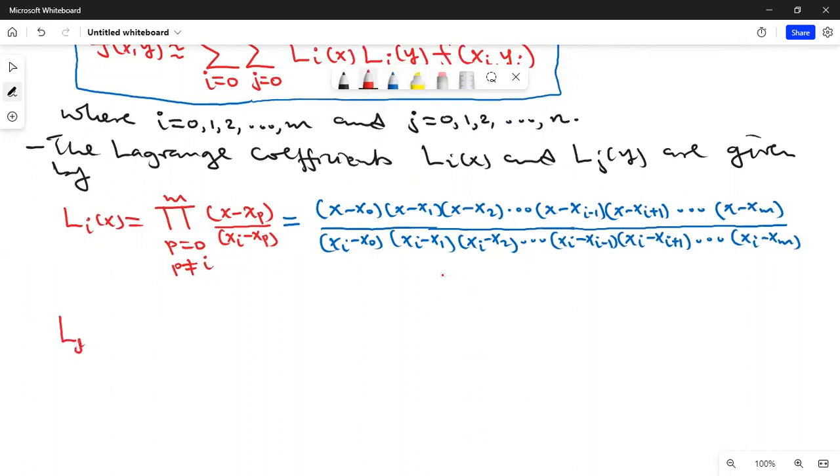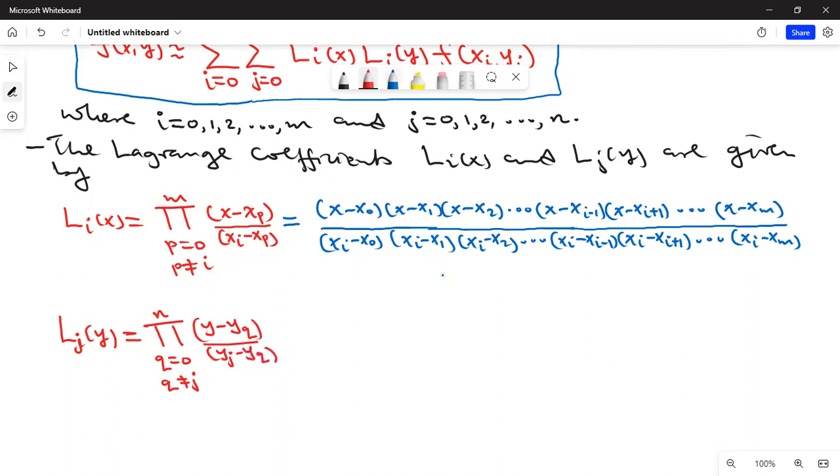Lj of y is equal to the product from q equals 0 to n, q not equal to j, of y minus yq over yj minus yq.